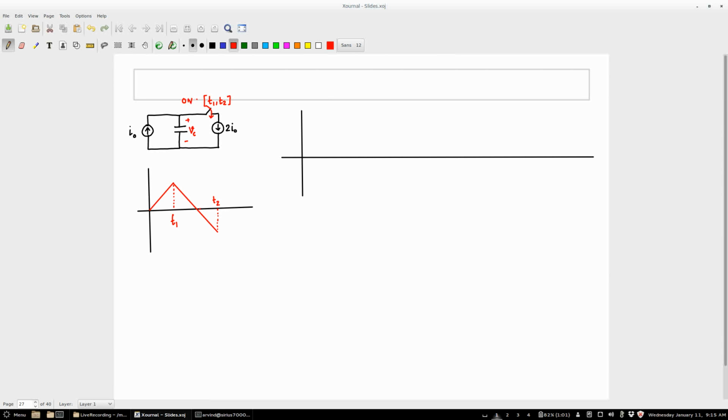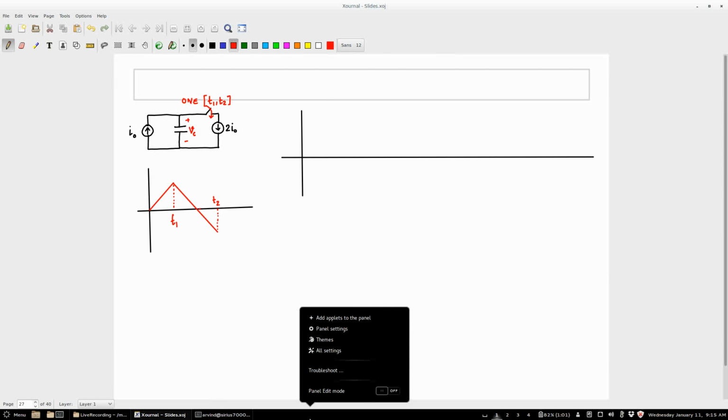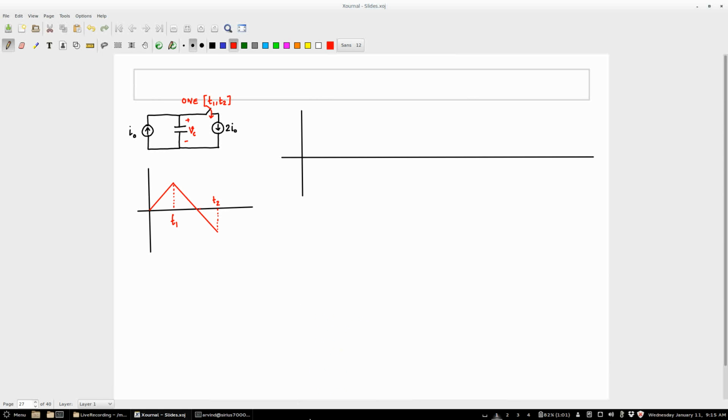You can think of a situation where I go from there to there, and then I run this till time t2. So from time t1 to t2, in this time let this be on.